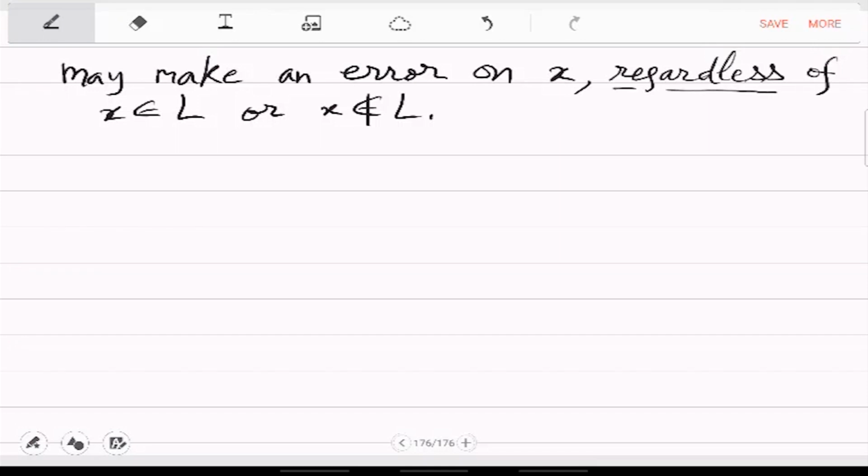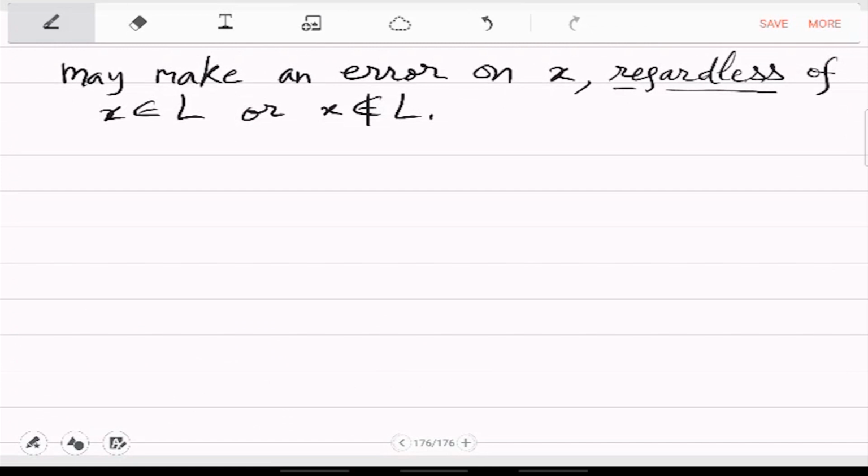Okay, for yes instances it can make an error, for no instances it can make an error, but the error has to be limited by 1/3. That gets important. Half is not enough for practical algorithms. So let us investigate this further.